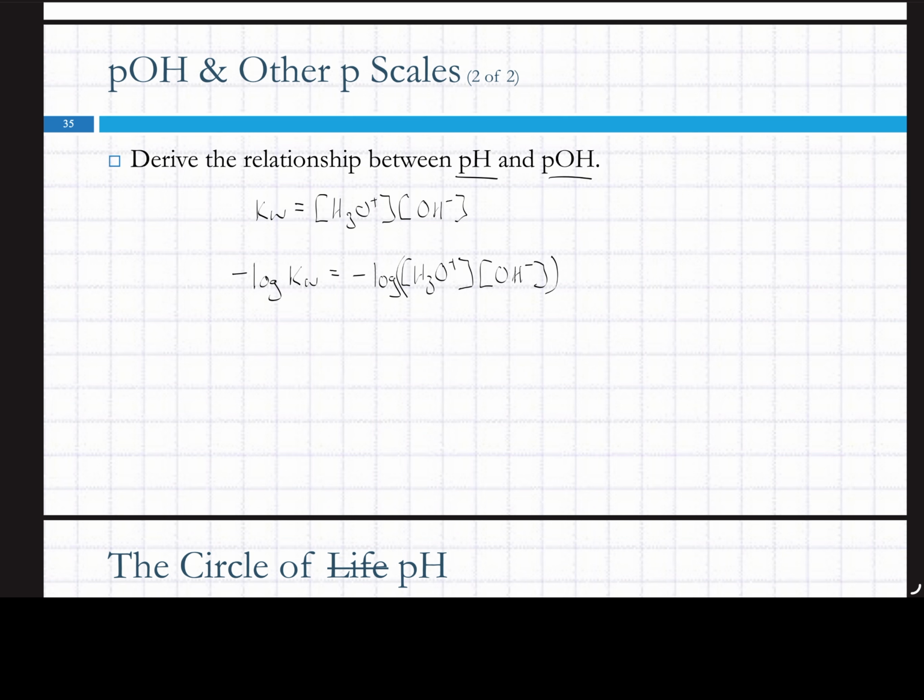Negative log of H3O+ times negative log of OH-, which is the negative log of H3O+ plus the negative log of OH-, because of log rules. And then what is the negative log of H3O+?